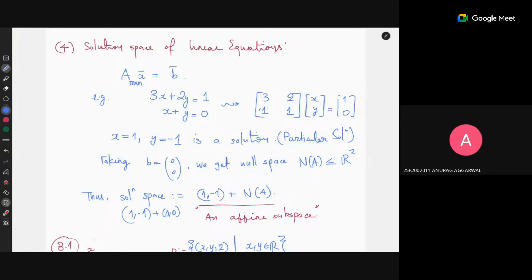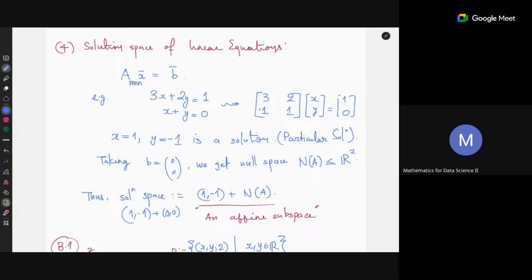So we can't say that null space plus some vector? Why? Just tell me that first. If the null space has infinitely many solutions, then why does Ax equal to b not have infinitely many solutions?